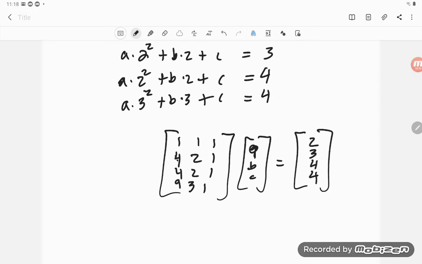And so I would, again, multiply by the transpose of this matrix on both sides. I would get a 3 by 3 system, hopefully be able to solve that, and get my best fitting quadratic.